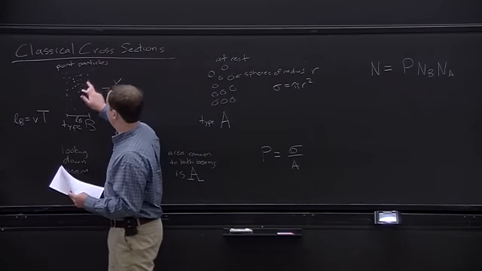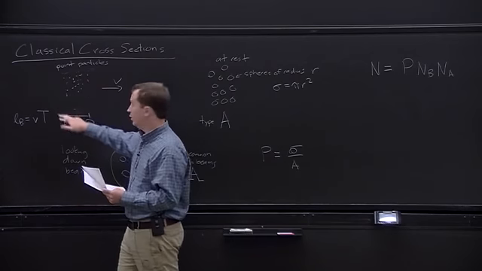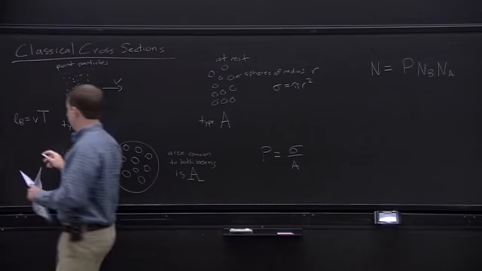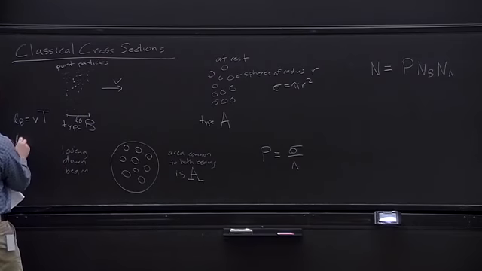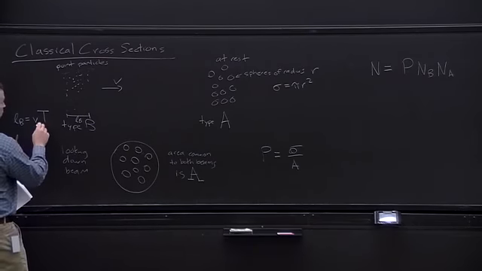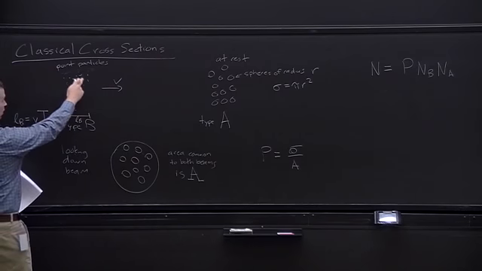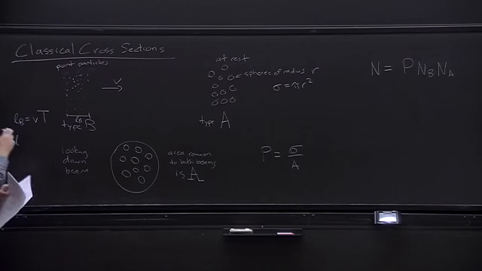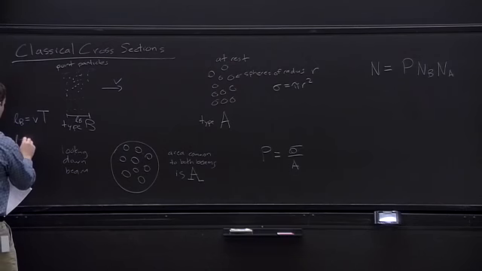So then this collection of particles of type B will have some volume. And so the volume of the region of space where the particles of type B are located is LB times A.